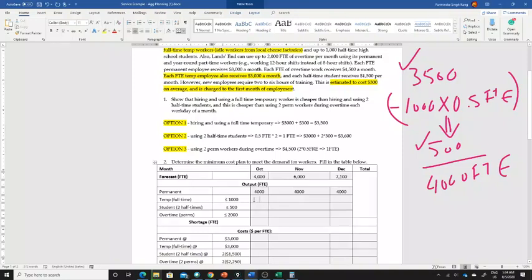Do we need to employ anybody in October? The answer to that is no, because the demand is already satisfied, right? So there's a match between demand and capacity. So I'm going to put 0. Then for the month of November, we are still short of capacity here, because I have 4,000 FTE employees and the forecast is 6,000 FTE. So I'm short by 2,000, right?